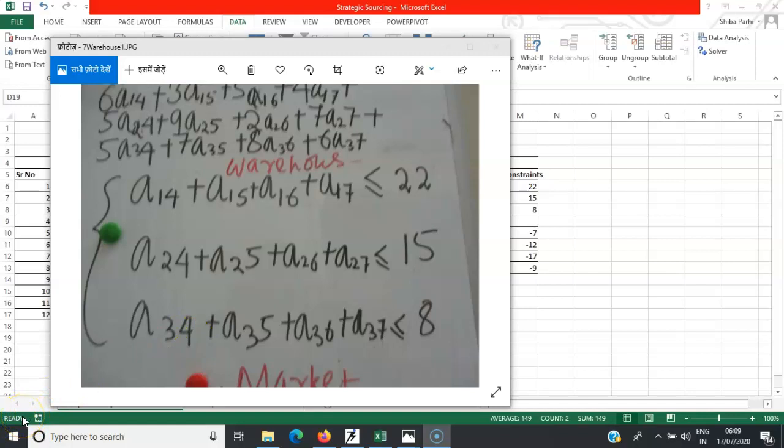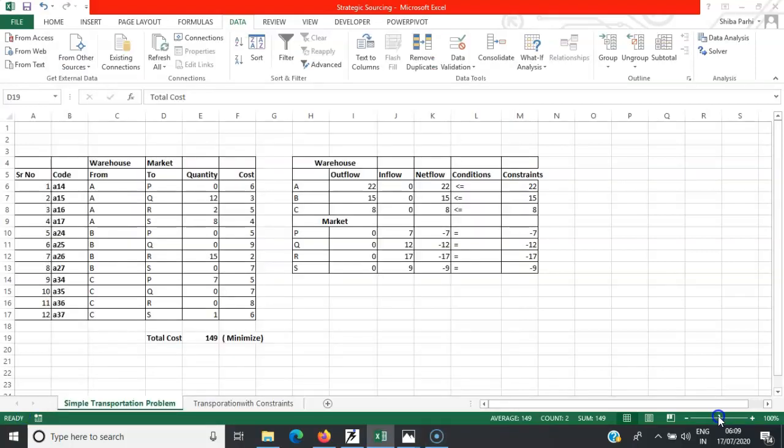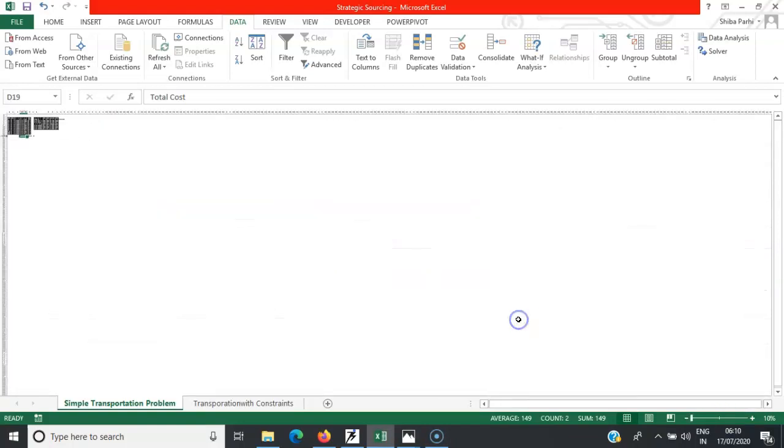So we have the warehouse constraints, the market constraints, and the objective function. So let us solve the same problem through our Excel modeling.